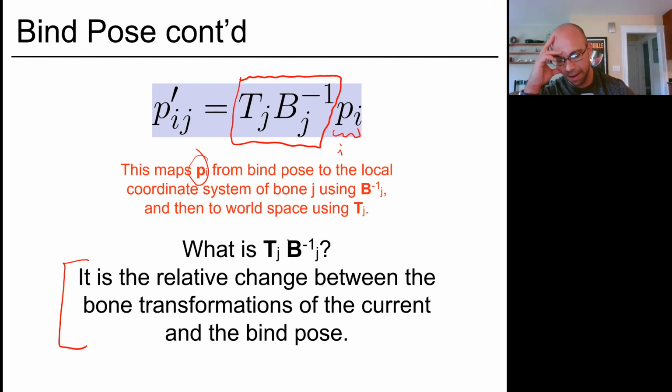So let's say that I gave as parameters for my bones the parameters of the bind pose. Well, in that case, T and B would be the same. So when I multiply these 2 things together, I get the identity matrix, which makes sense, right? Because it would take in the skinned triangle mesh and just give us back the original vertex positions.